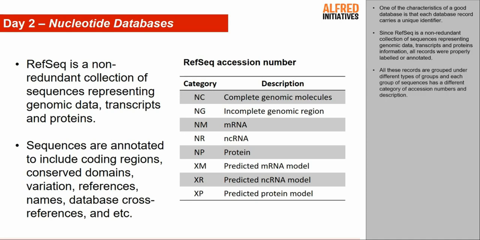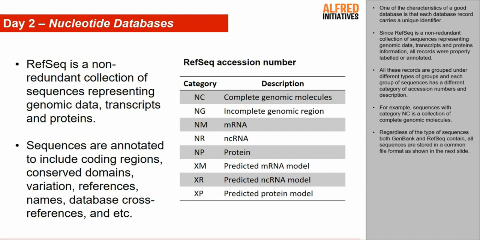All these records are grouped under different types of groups, and each group of sequences has a different category of accession numbers and description. For example, a sequence with the prefix NC is a collection of complete genomic molecules. Regardless of the type of sequences both GenBank and RefSeq contain, all sequences are stored in a common file format, as shown in the next slide.